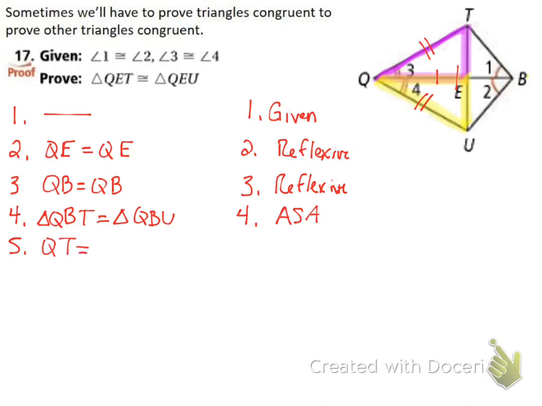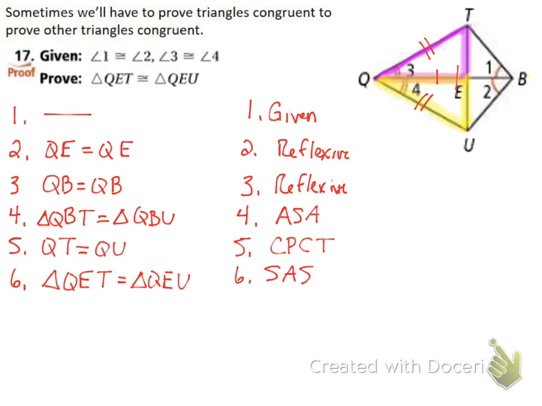So QT is equal to QU because they are corresponding parts of the congruent triangles, of the big triangles that I just showed are equal to each other. Now I have three different things that are equal to each other. And so with my sixth step, I can say what I wanted to say, triangle QET is equal to triangle QEU. And that is because I've got two sides and an angle that is between, so that would be side angle side, SAS.